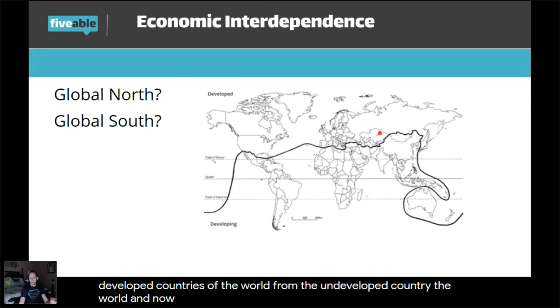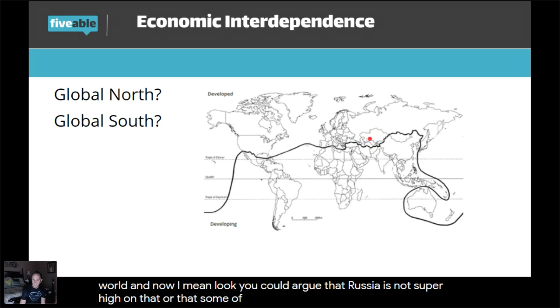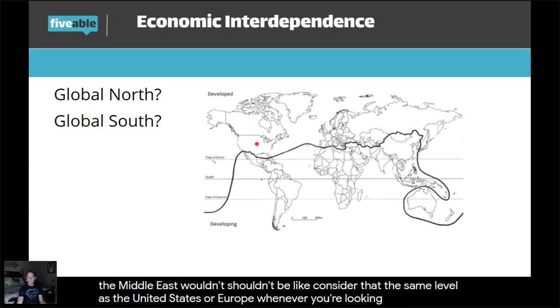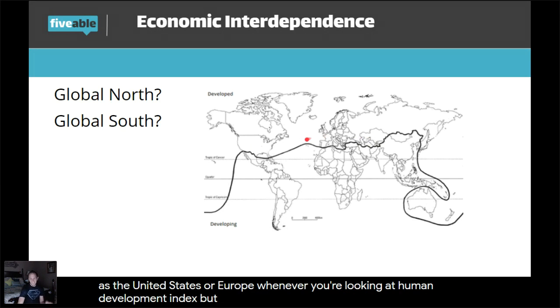Now, look, you could argue that Russia is not super high on that, or that some of these countries in the Middle East shouldn't be considered at the same level as the United States or Europe when you're looking at the Human Development Index. But it really does get you thinking.